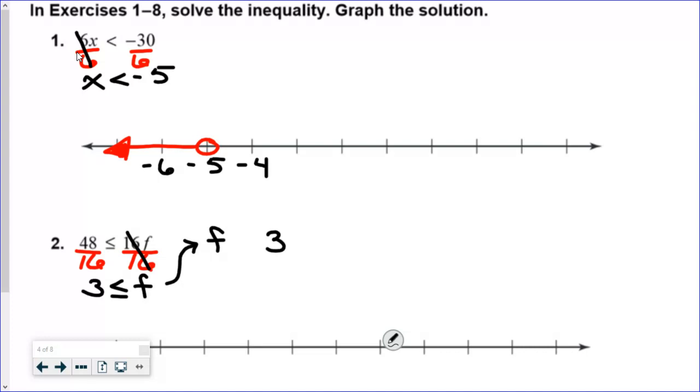The pointy part is going towards the 3, and the alligator guy's eating the variable. We have to have the number in the middle and the correct way on the number line. Shaded this time because it's greater than or equal to. Just be careful again. Variable has to be on the left.